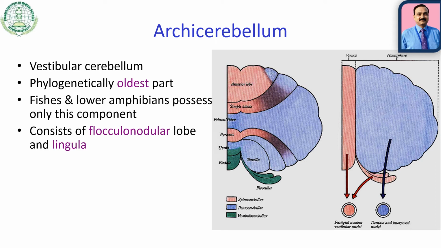It consists of the flocculonodular lobe, which is a part of the inferior vermis, and only the lingula of the superior vermis, which has no lateral extension, as we have seen. So the flocculonodular lobe and lingula, these two components constitute the archicerebellum.